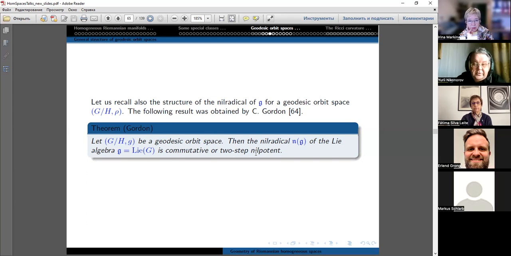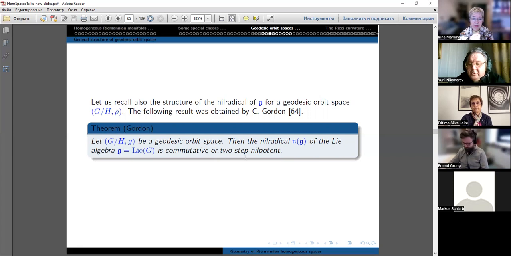It's a very serious restriction, a very serious result. This nilradical should be commutative or two-step nilpotent. No other variant, no three-step nilpotency, no four-step nilpotency, only this one. Hence, we have a serious algebraic restriction.